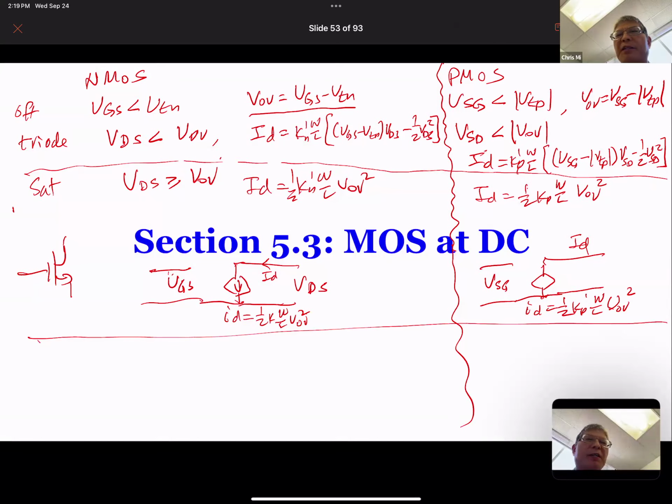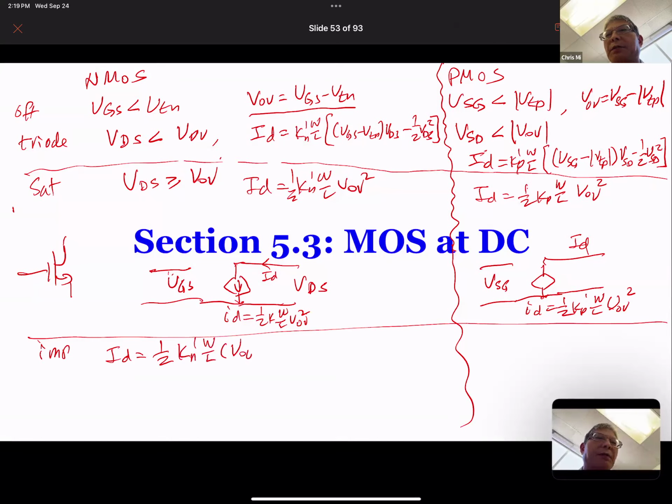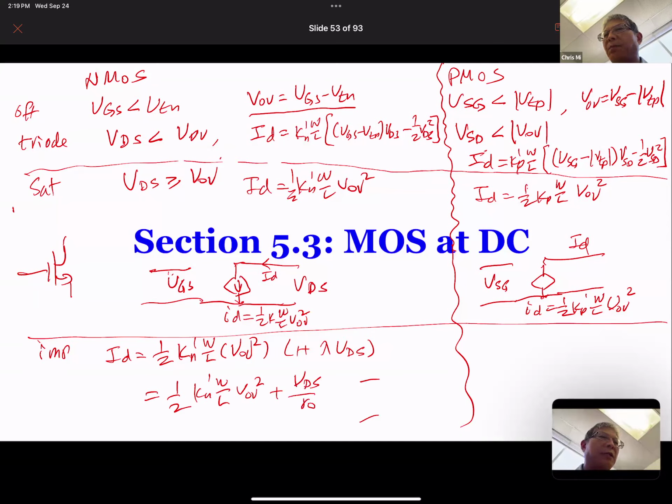In an imperfect condition, we can write ID as 1/2 Kn prime W over L VOV squared times (1 plus lambda VDS), or it can be written in another form.